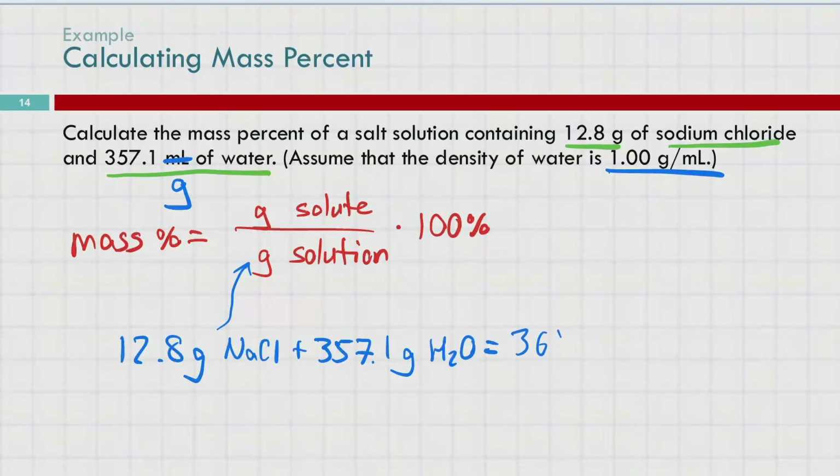So 369.9 grams. And the grams of solute is just the 12.8 grams sodium chloride.